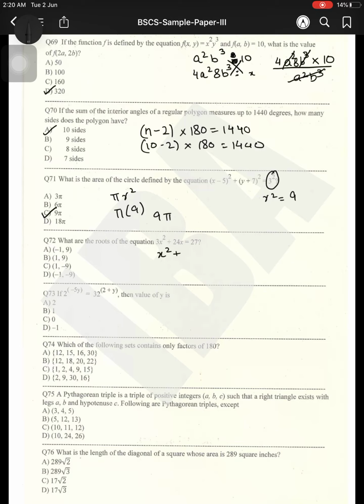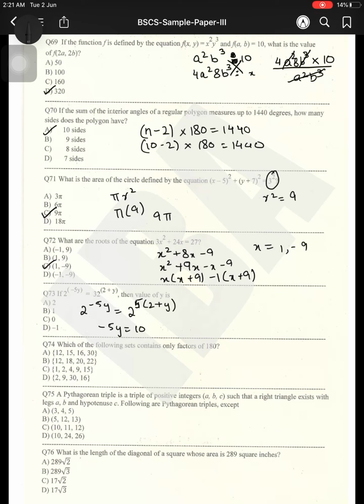Next question, we're gonna solve for x. So x square plus 8x minus 9, x square plus 9x minus x minus 9, x bracket x plus 9 minus 1 bracket x plus 9, x is 1 and minus 9, which is C. Next question, 2 to the power minus 5 upon y is equals to 2 to the power 4... 5 times 2 plus y minus 5y is equals to 10 plus 5y.